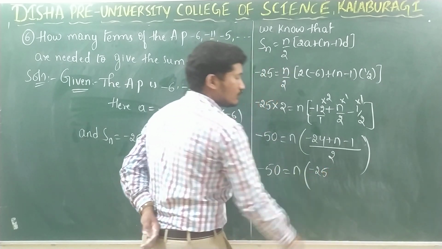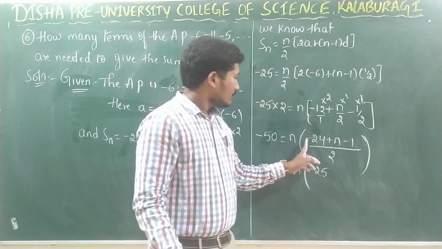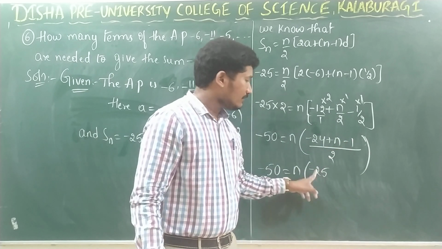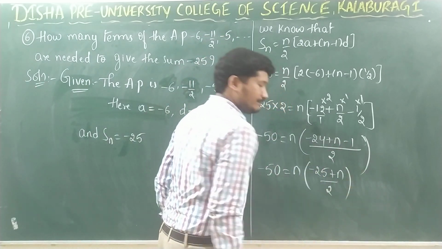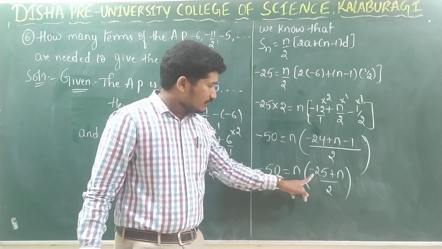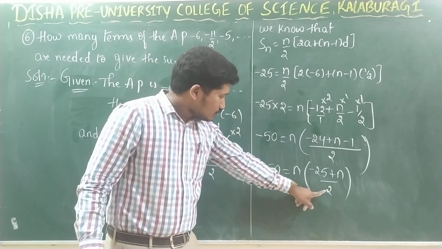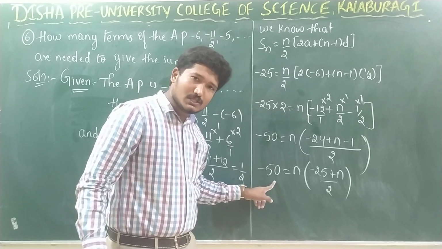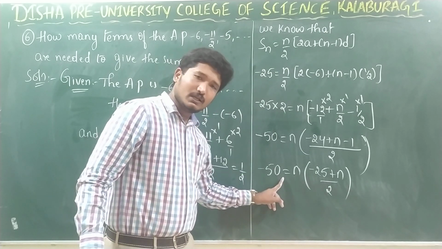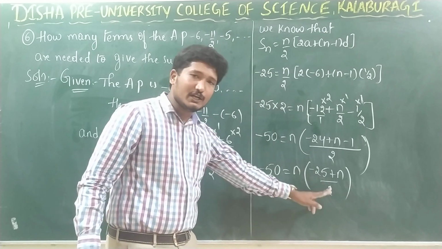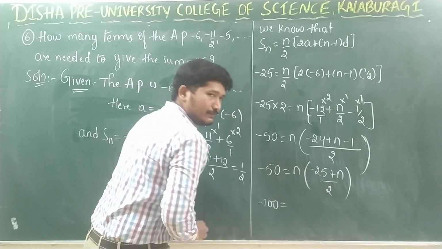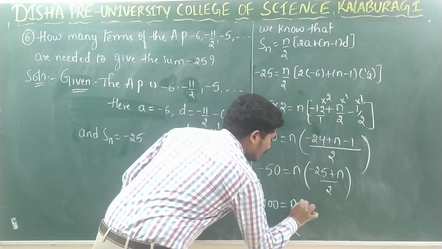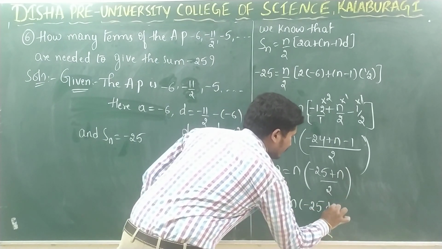Minus 24 minus 1 is minus 25, signs are same, add and put the same sign, plus n as it is, divided by 2. Right, now again this is product of two terms. So can I transfer this 2 to the LHS? So it will come to the numerator. So it becomes what? Minus 50 into 2, so that will be minus 100 is equal to n into minus 25 plus n.